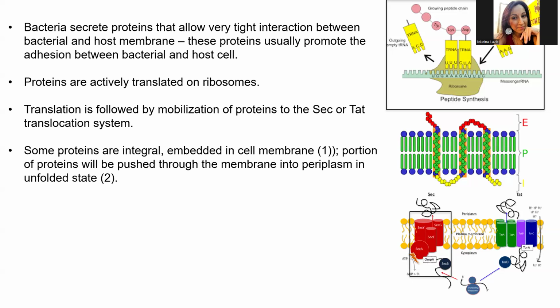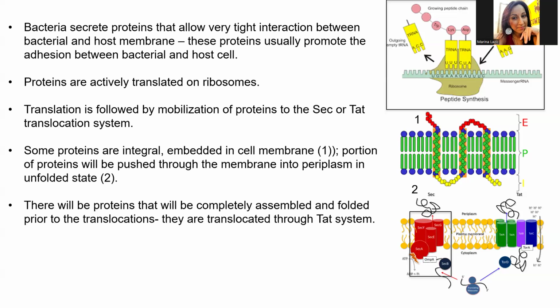But most of the time, there are proteins that fold in the cytoplasm and get exported through the membrane into the periplasm in folded states. But there are other proteins that get translocated over the membrane in unfolded state. And there are different systems that will export these proteins. If they are translated on the ribosome and then fully folded, they will be exported through the TAT system.